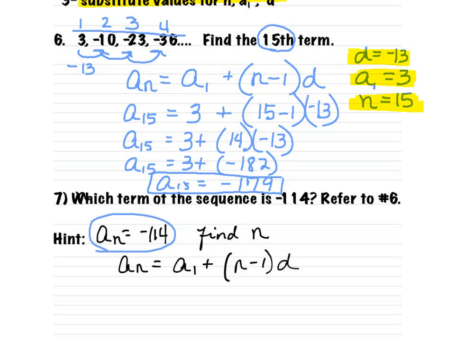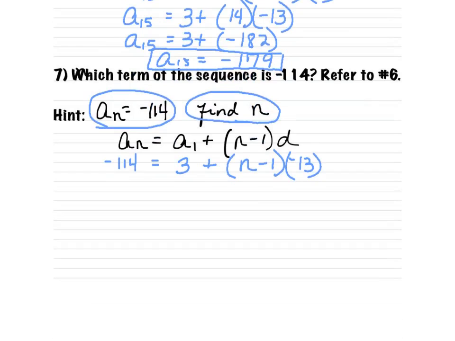The nth term is negative 114, and we're looking for what term that is, what n is. So let's go ahead and substitute. The nth term is negative 114 equals, the first term is 3, plus, we don't know n minus 1, but we do know the common difference is negative 13.